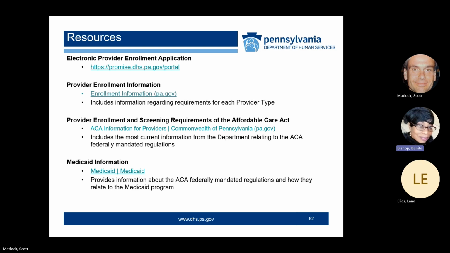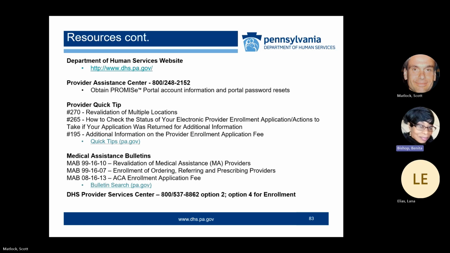Here's the link there. And this includes the most current information from the department relating to the Affordable Care Act, ACA, federally mandated regulations. Medicaid information, which provides information about the ACA federally mandated regulations and how they relate to the Medicaid program. Department of Human Services website.